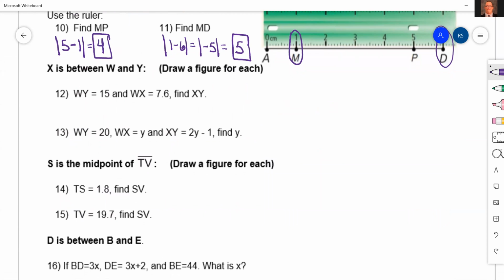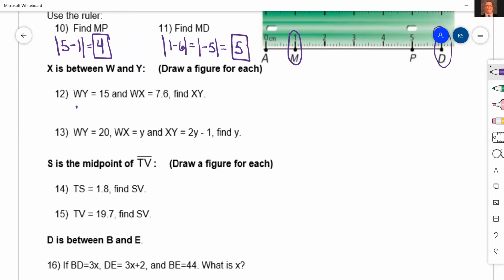Okay, 12. Well, first let's read the directions before we get to 12. It says X is between W and Y. So on this picture here, I need to go on and draw. So there's W, there's Y. It says X is somewhere in the middle. Somewhere.